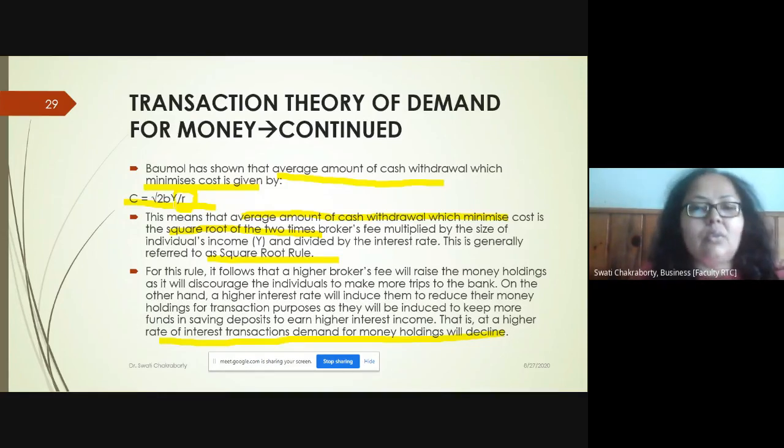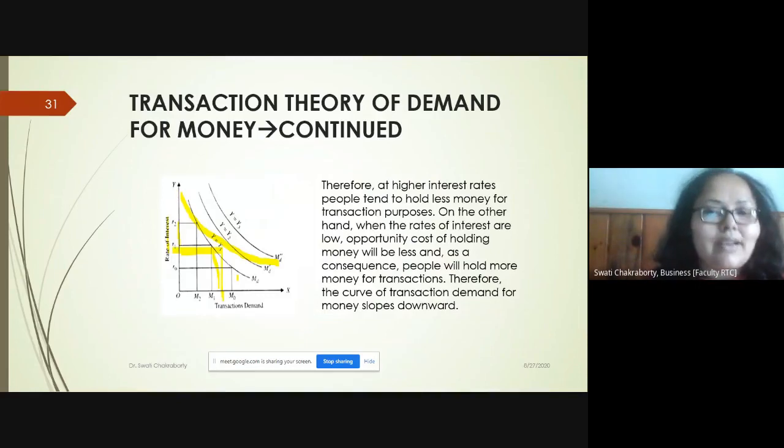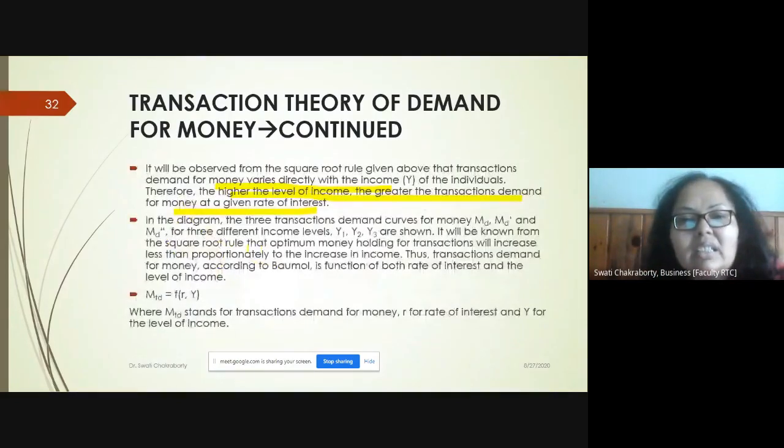So income is increasing, and the amount of money is increasing, but at a much less than proportionate rate. So this is where it says that, because of the square root formula, the optimum money holding for transactions will increase, but less than proportionately to the increase in income.